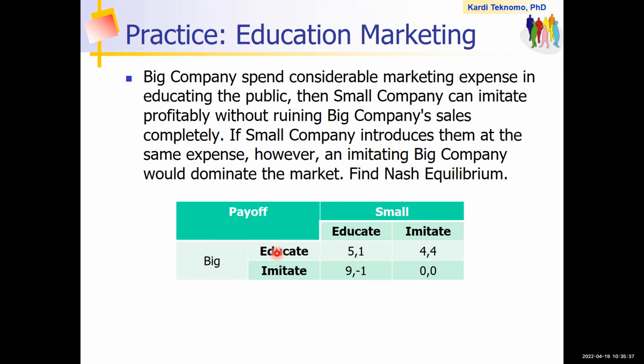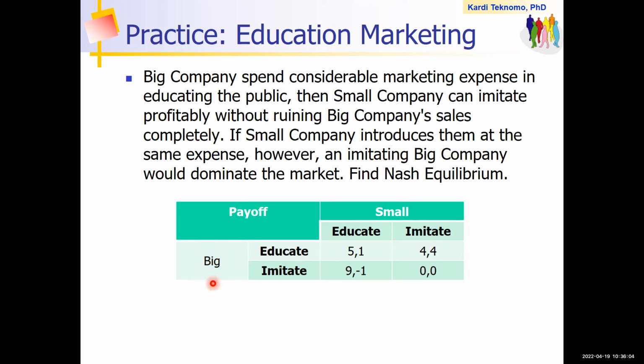So now there are two companies: small company and big company. If the big company educates the market and the small company only imitates, the big company will get 4 and the small company gets 4.